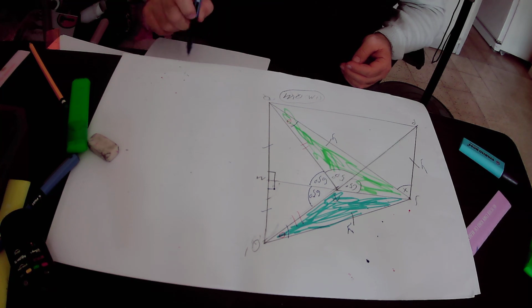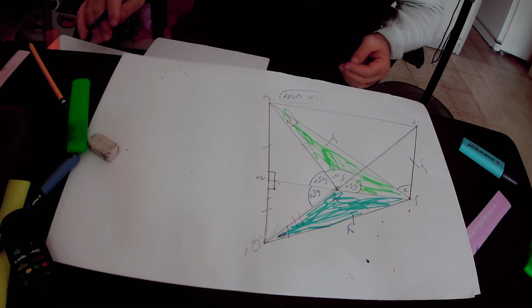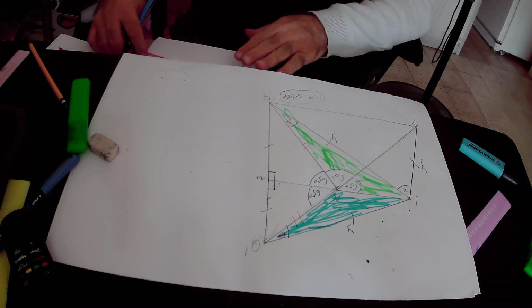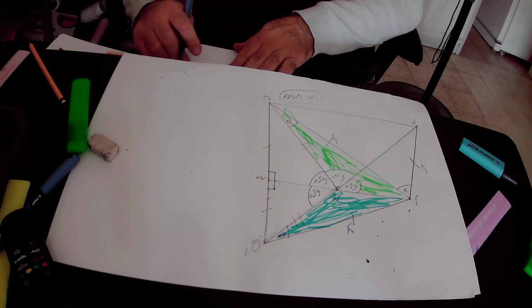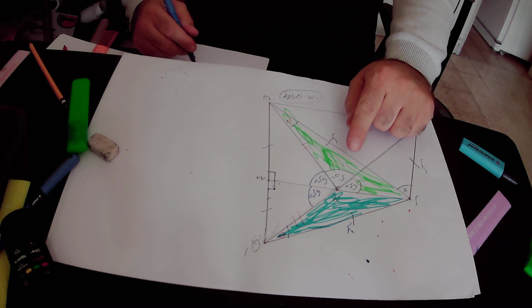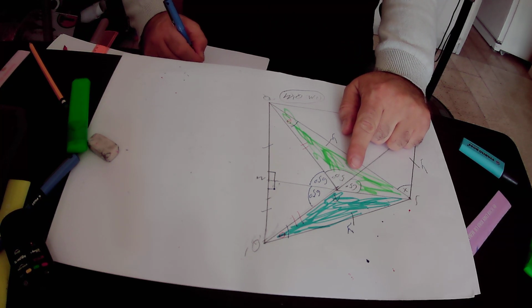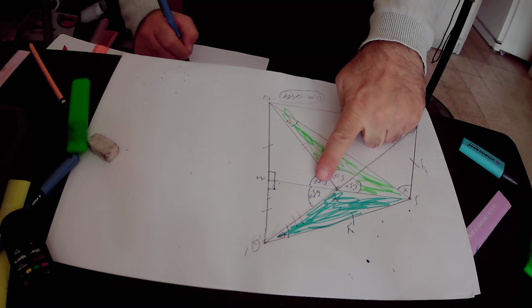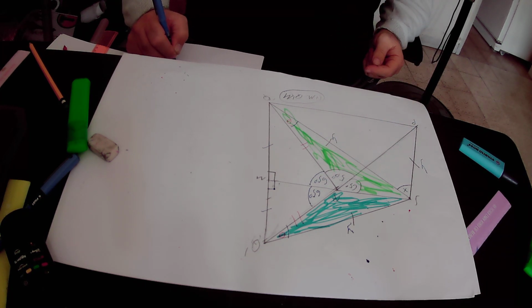So at point R we have angles that are equal to 50 degrees plus 65 degrees plus 65 degrees.